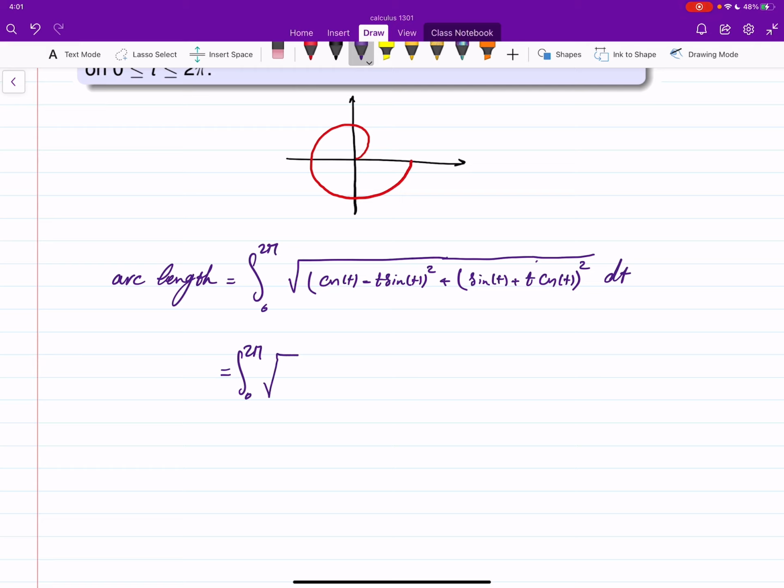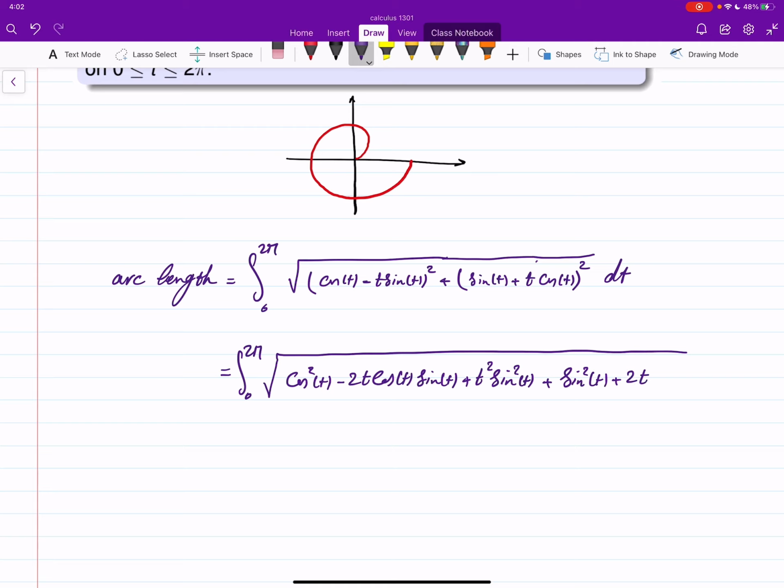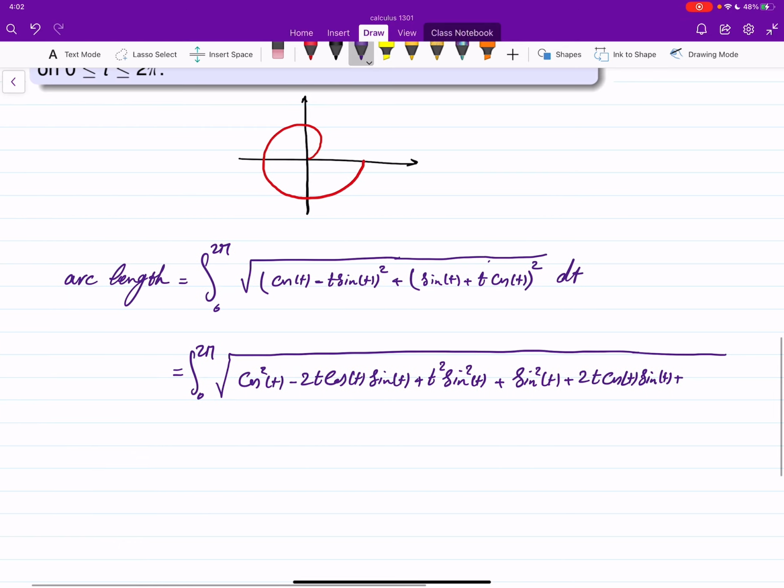So this is cosine squared t minus 2t cosine t sine t plus t squared sine squared t, plus sine squared t plus 2t cosine t sine t plus t squared cosine squared t dt.